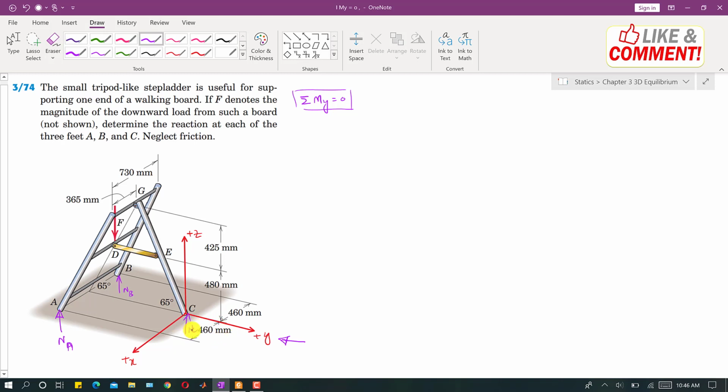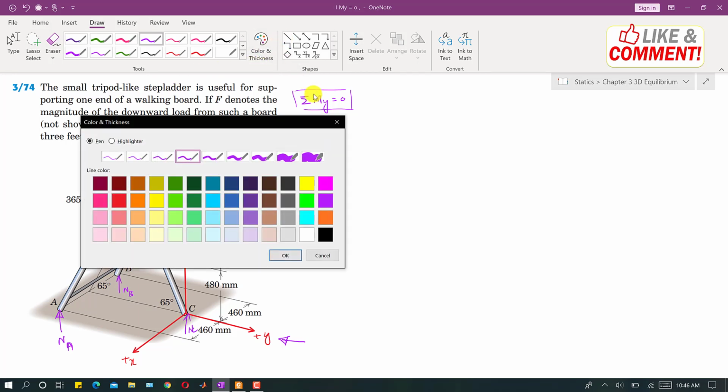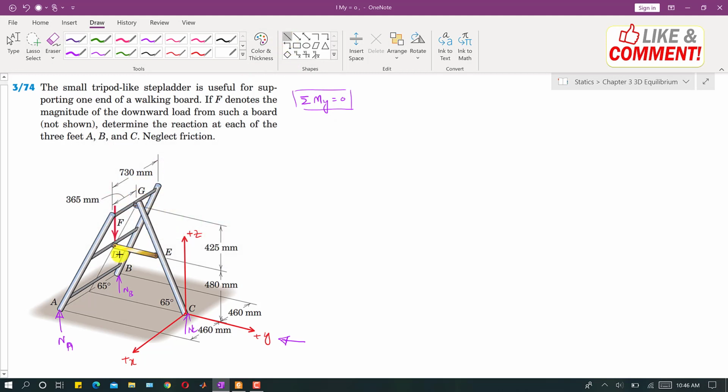So we have eliminated this, and if I extend the line of action of this force F, it will pass through the y axis. So this force is not producing a moment about the y axis. So we are left with only these 2 reactions, NA and NB, which are producing the moment about the y axis.